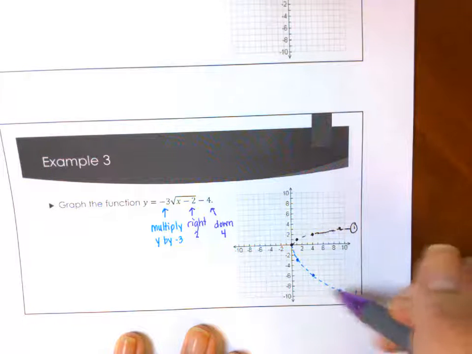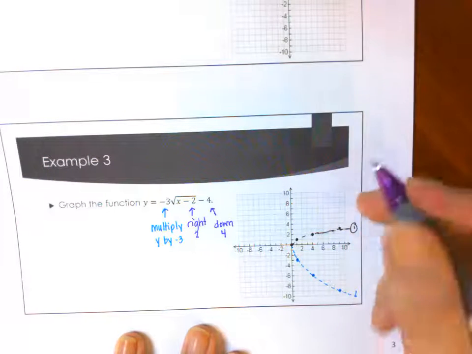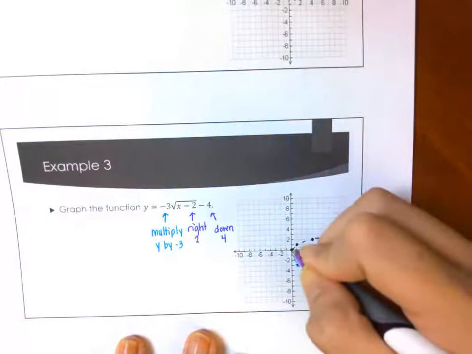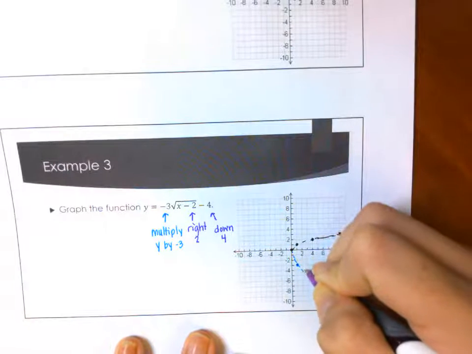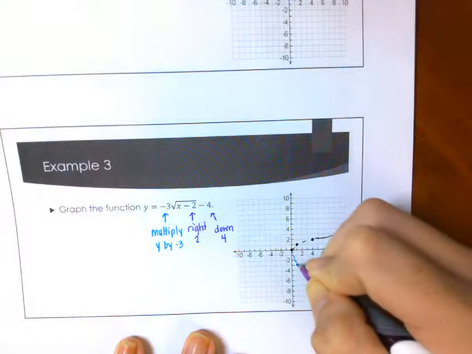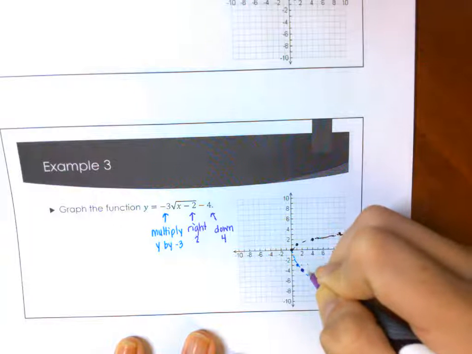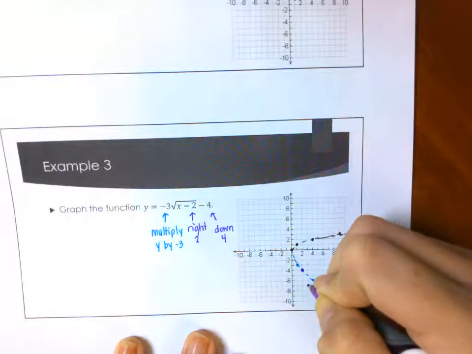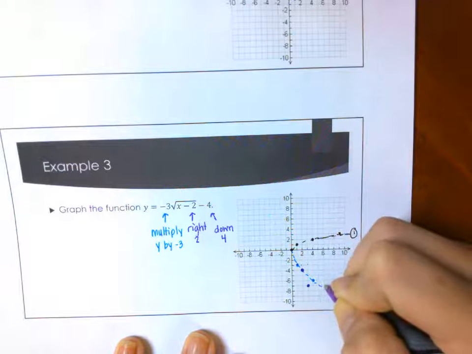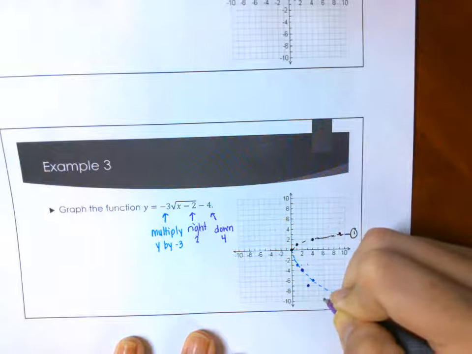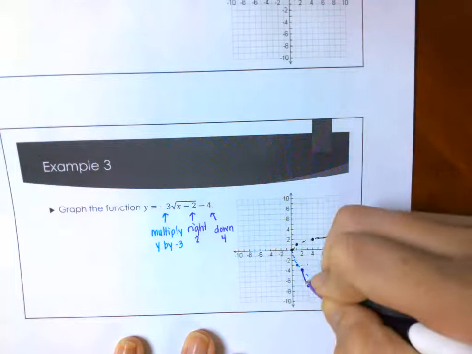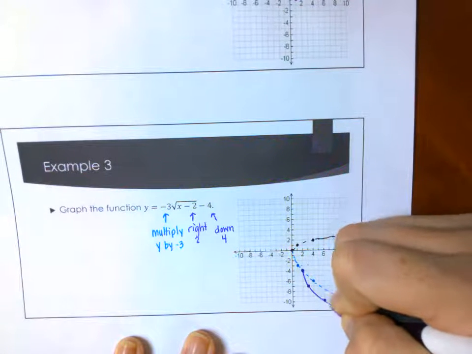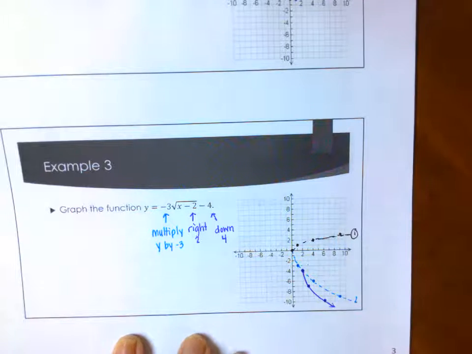Each point of my second graph is going to move to the right 2 and then down 4. So I'm going to take this one and move right 2, down 4, right 2, 4, 1, 2, 2, 3, 4. And I can't fit the other one on the graph, and so that's okay. I'll just give the best shape there.